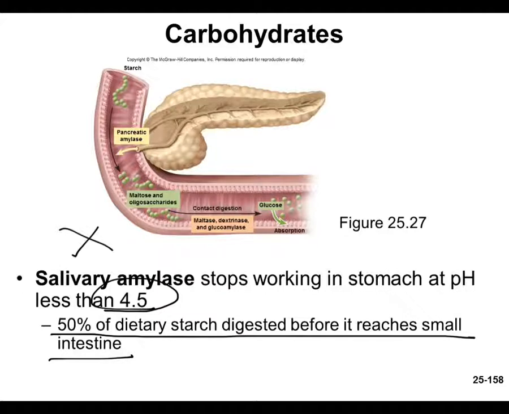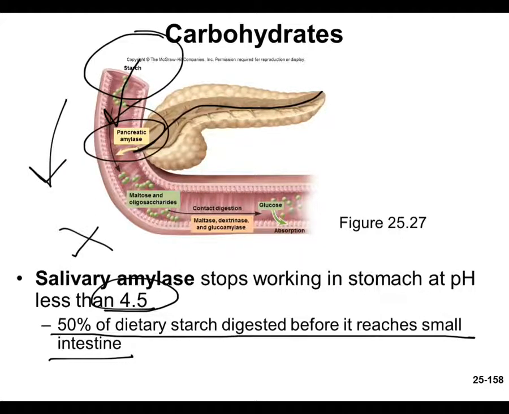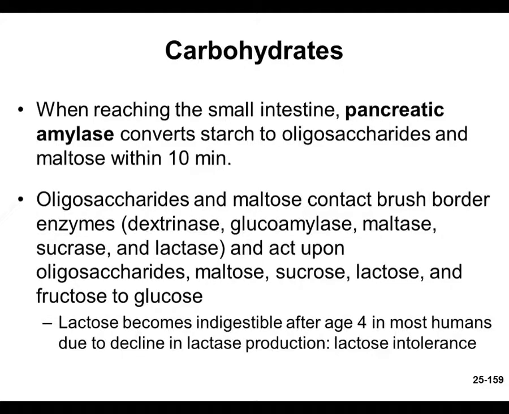The rest of those starches then will come through the stomach undigested and reach the duodenum. And here the pancreas will also release additional amylases. Remember, here we've also neutralized that pH. And so the pancreatic amylase will continue to break down the additional carbs to make the glucose molecules that are then absorbed into the intestine.